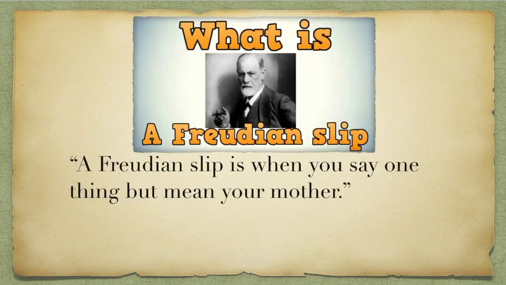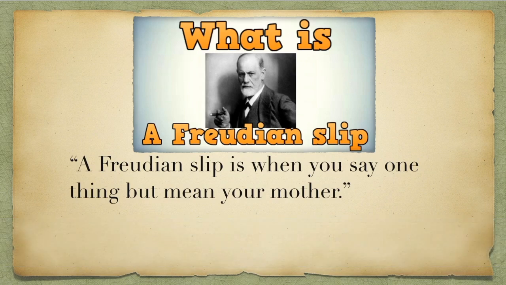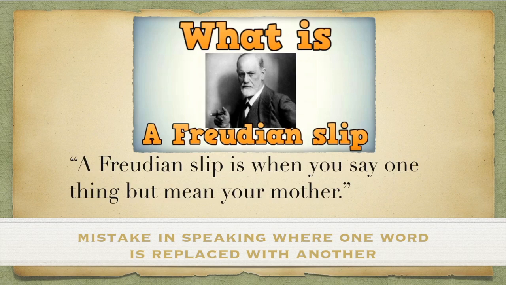as well as the knowledge that May 4 is Star Wars Day. And now, what's a Freudian slip? So this type of pun requires understanding the first half of the joke to understand the second. For example, a Freudian slip is when you say one thing but mean your mother. The term Freudian slip was coined by the psychoanalyst Sigmund Freud to refer to a mistaken speaking where one word is replaced with another.